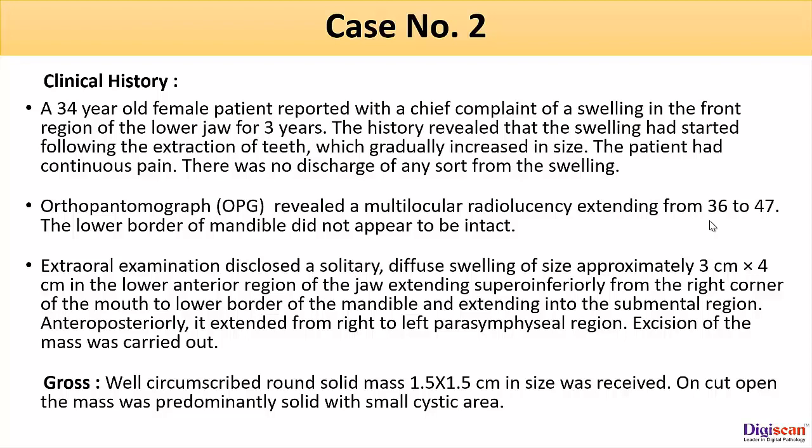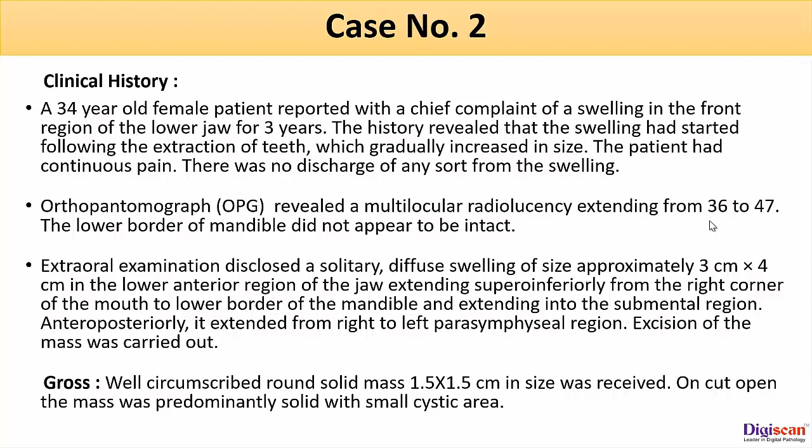Extraoral examination disclosed a solitary diffuse swelling of approximately 3 by 4 cm in size in the lower anterior region of the jaw, extending superior-inferiorly from the right corner of the mouth to the lower border of the mandible and extending to the submental region.